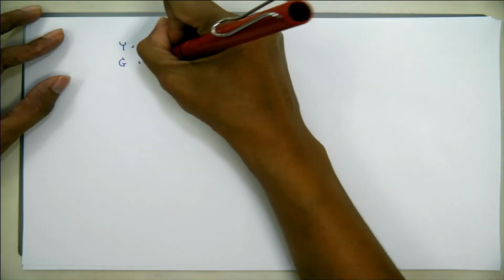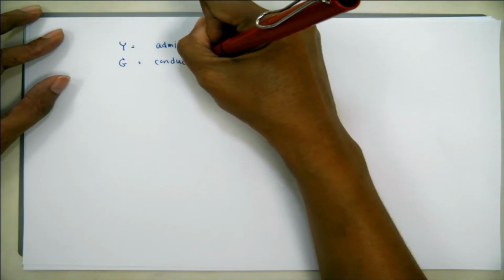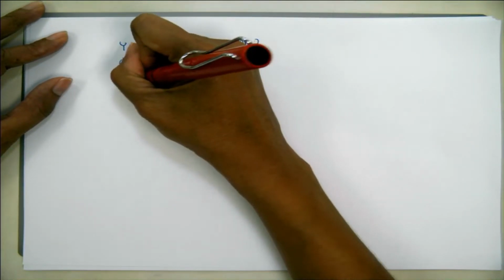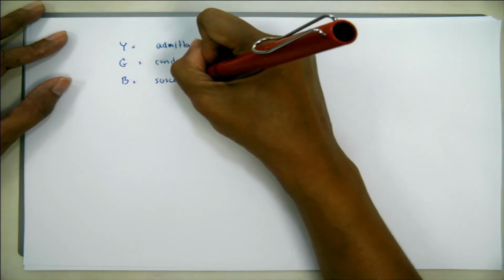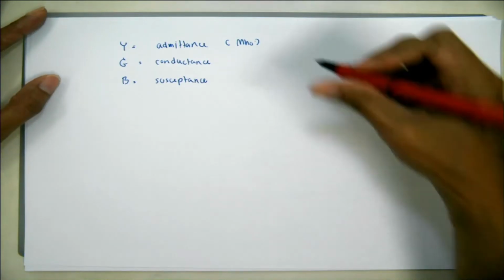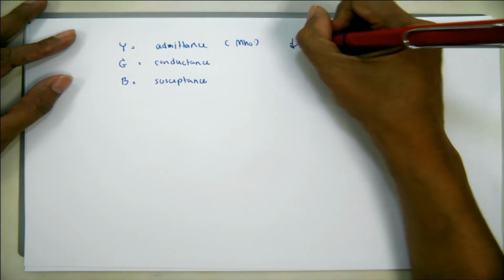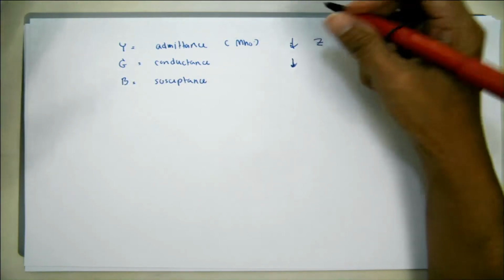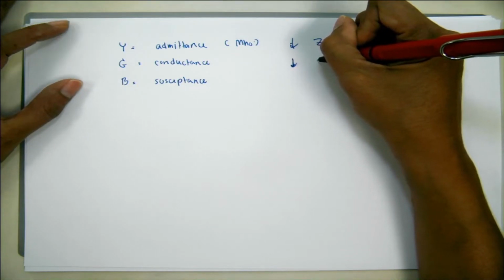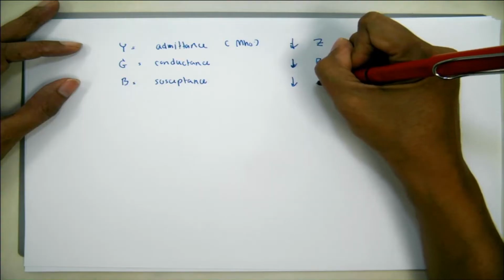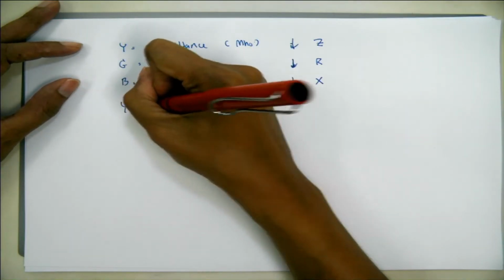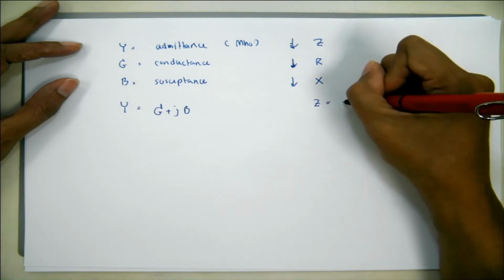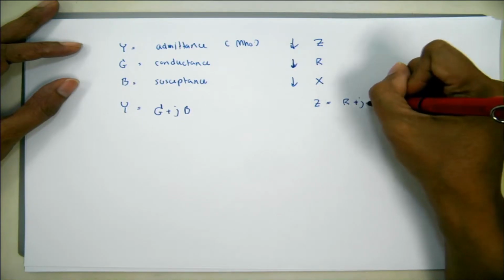G is conductance, the opposite to R or resistance. B is susceptance, the opposite to reactance. I use this arrow to represent the opposite. G is opposite to R, and B is opposite to X. Admittance you could write as G plus jB. Same here, impedance you can write as R plus jX.